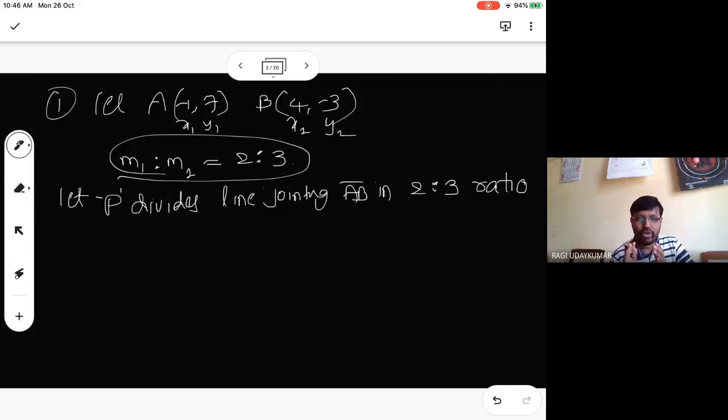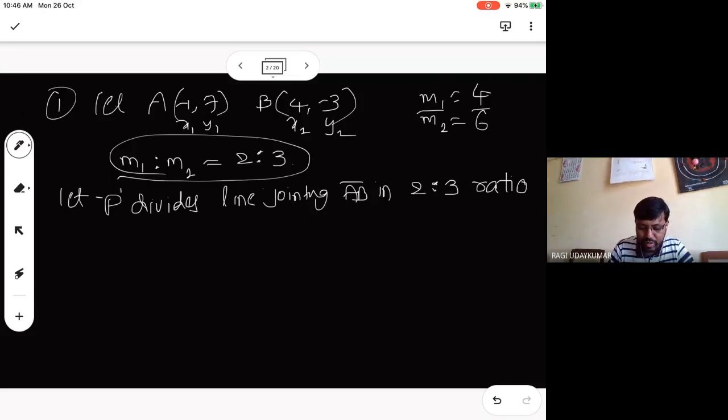But what is the meaning originally whenever the ratio is given? Suppose I have taken m1 as 4 and m2 as 6. What is the ratio of these two? That also comes to 2:3. So you may have 4 and 6, or 20 and 30 also. So it doesn't mean that. But if you take 2 and 3 also, you are going to get the same answer.